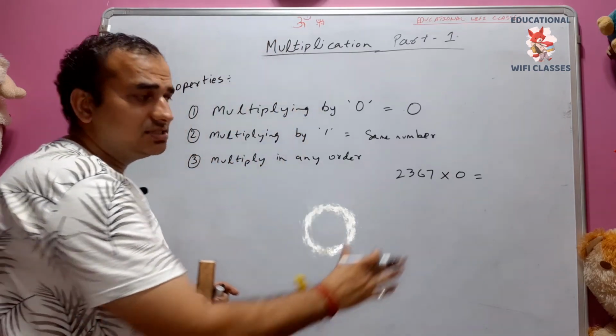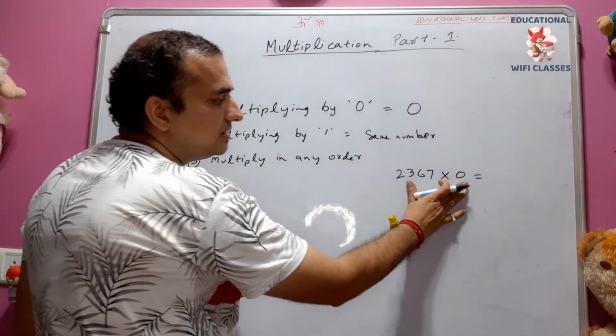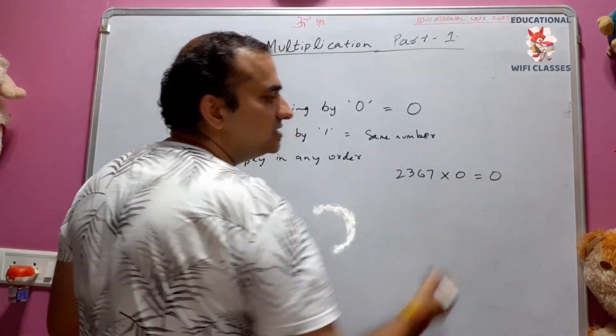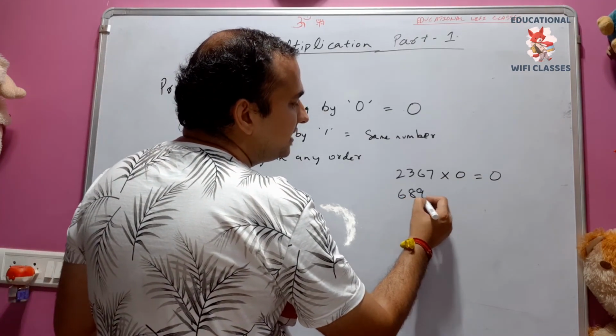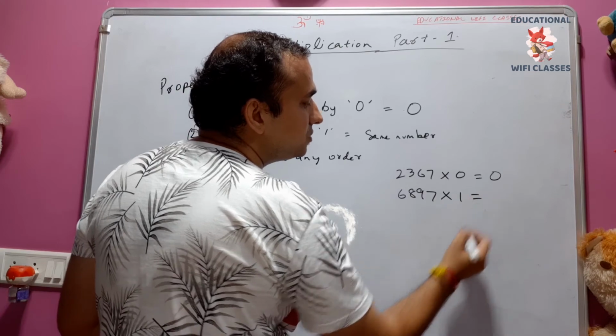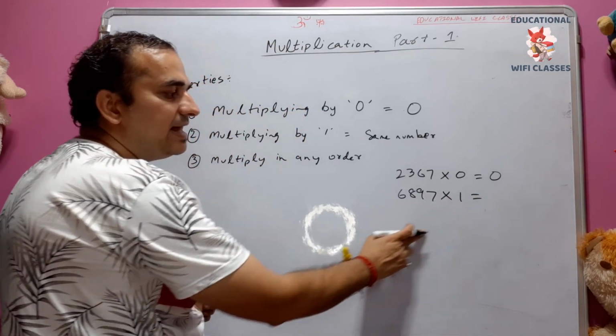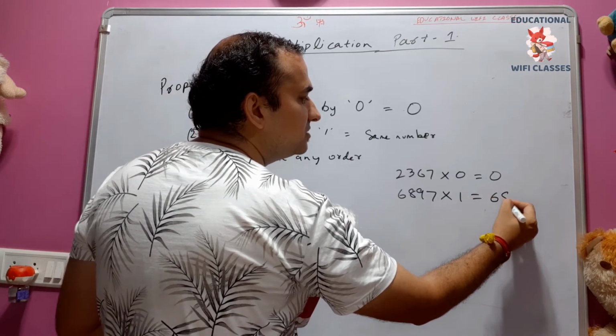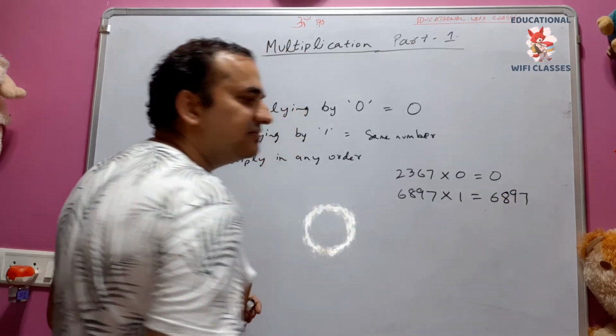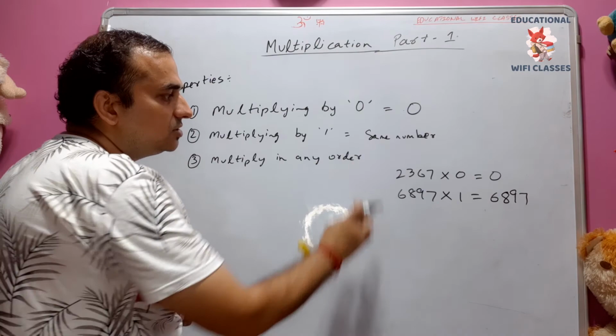What will be the answer? You should remember the property and then it automatically comes 0. Now 6897 multiplied by 1 is equal to, whenever we multiply any number by 1, the answer is the number itself. So that is 6897. Okay, so these are the two properties explained.